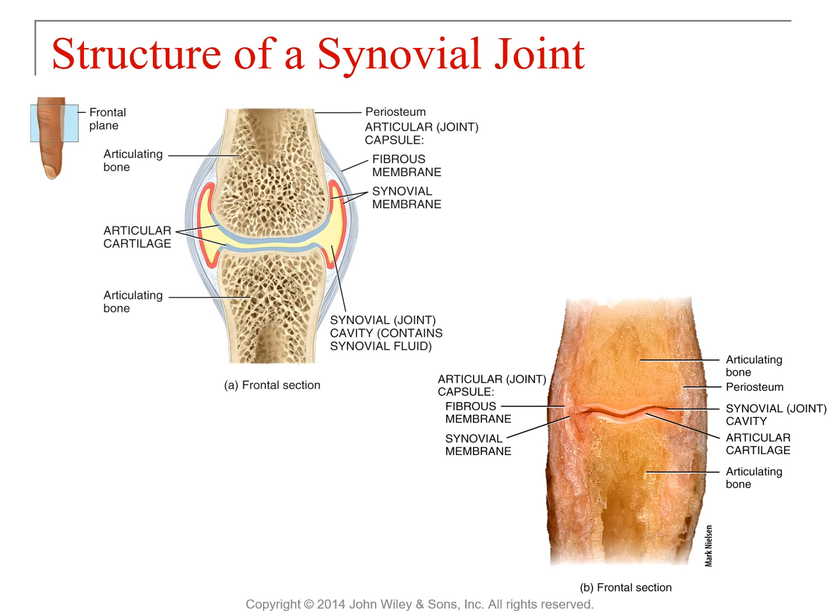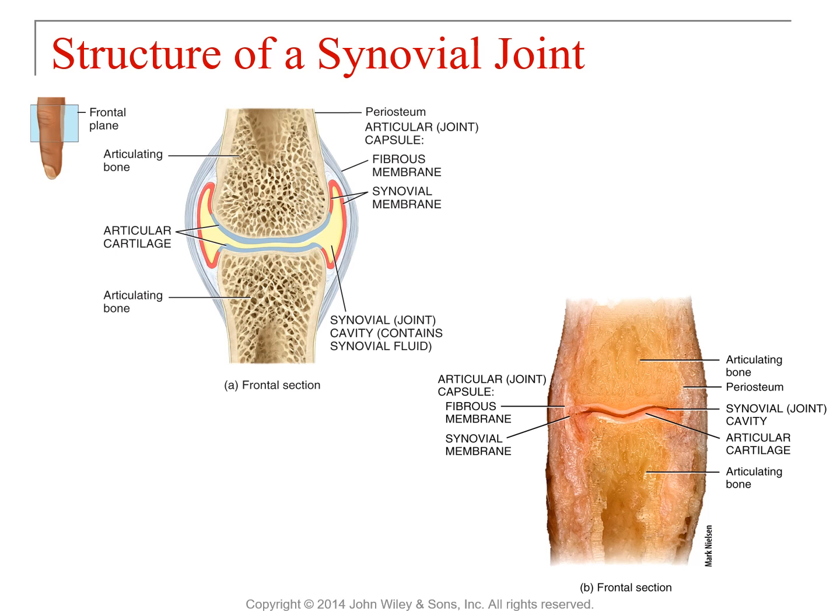Not shown on this diagram, but definitely present, are the ligaments that also extend from the periosteum of the articulating bones. The ligaments are superficial to the articular capsule, and the ligaments hold the bones together in addition to the articular capsule.